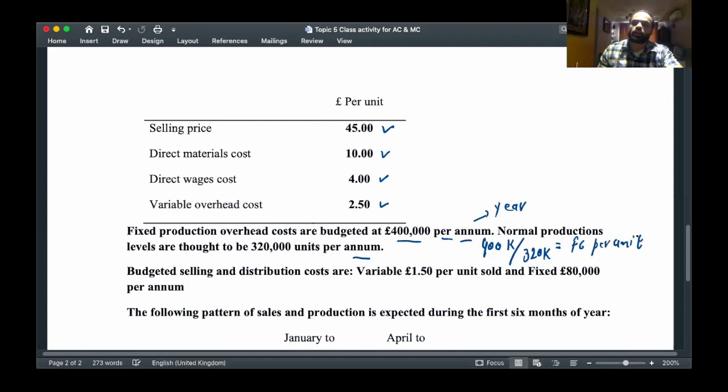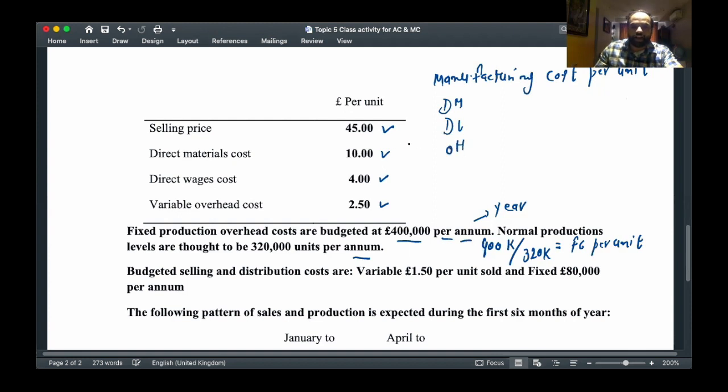Because in order to calculate manufacturing cost per unit, we need direct material per unit, direct labor per unit, overhead per unit.